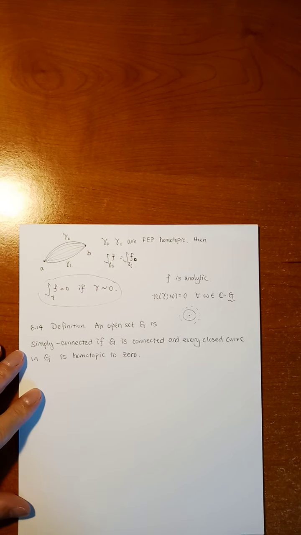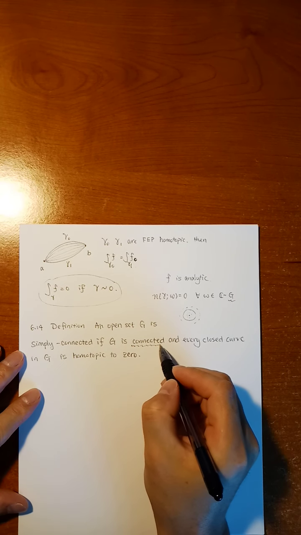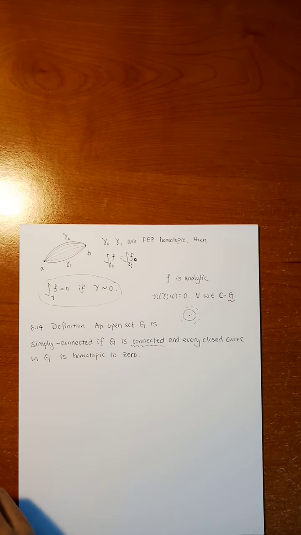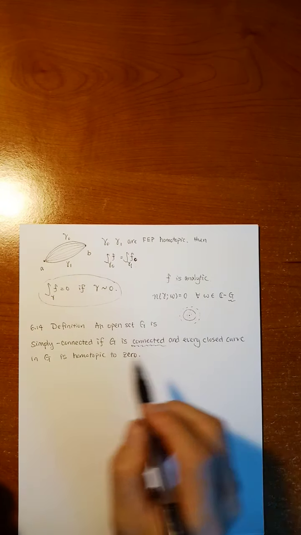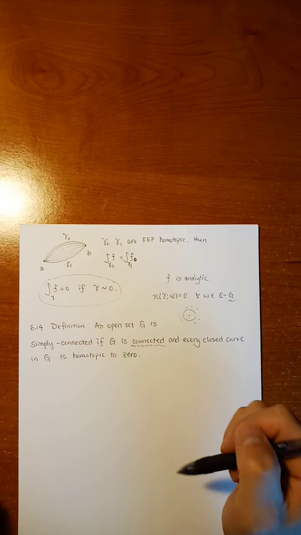In the definition, simple connectedness first assumes it must be connected, and then it claims every closed curve is homotopic to 0.